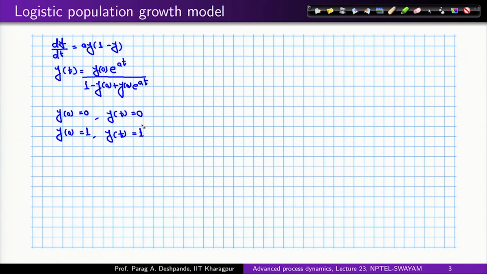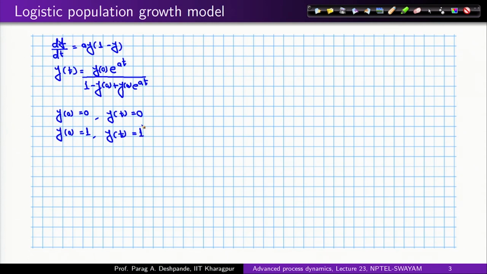Now, what is the physical meaning of this? This means that as time progresses, nothing is changing in your system. And when does this happen? This happens when you have reached equilibrium state.